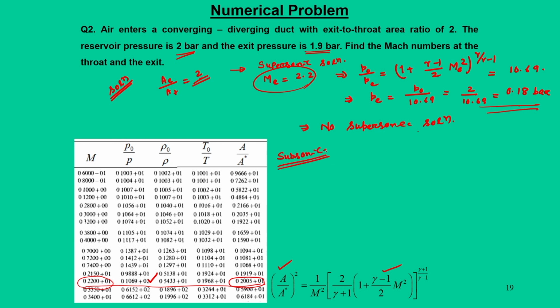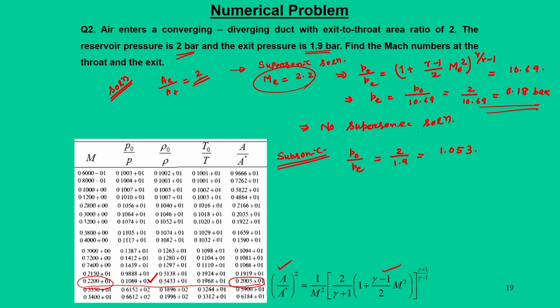But in that subsonic solution, not necessarily will the flow be sonic at the throat. So, we have to first find out the actual ratio. P naught by PE in the actual case would be 2 by 1.9, which becomes 1.053.